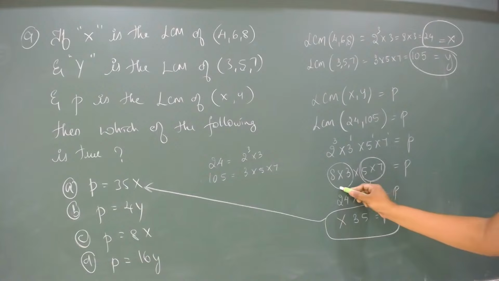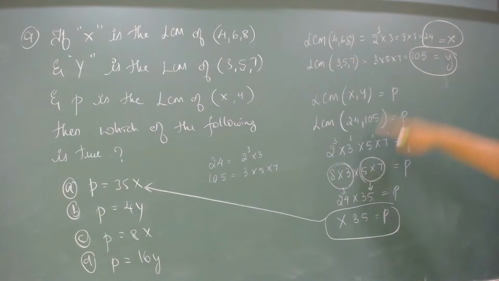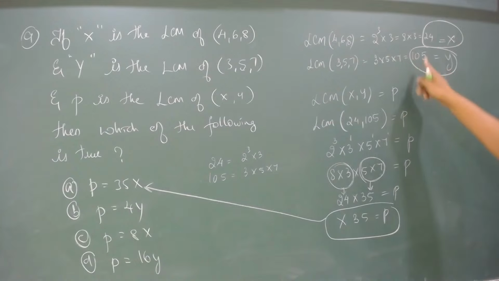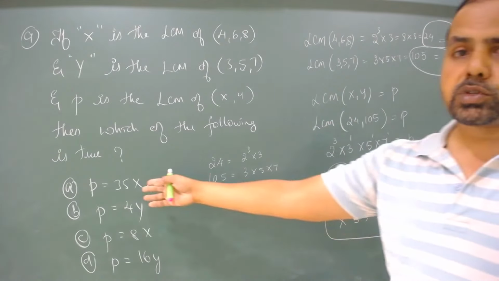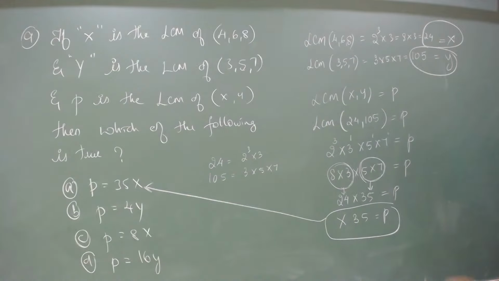The left out is 8 3s are 24, which is x. 35 as it is. X into 35, which is option B. Therefore, P is equal to 35x, which is option B.